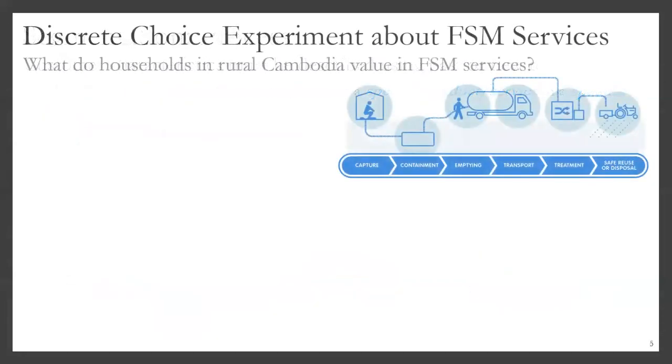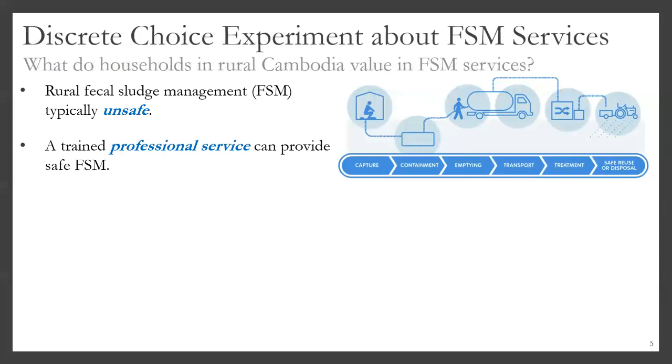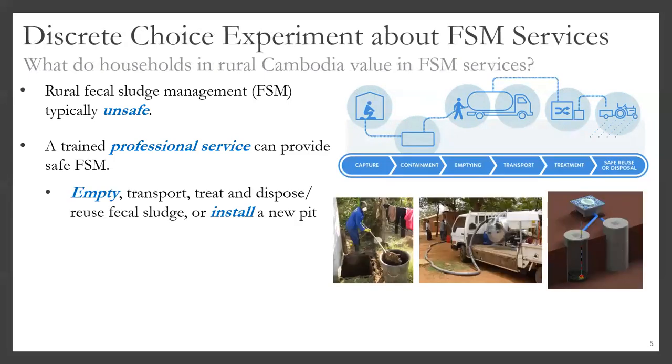First off, looking at the first example, IDE and I wanted to understand what do households in rural Cambodia value in fecal sludge management services. We used a discrete choice experiment to describe what households prefer, what do they value in these FSM services. Rural FSM services are typically performed using unsafe practices, and a trained professional service is one pathway to provide safe FSM in these rural contexts.